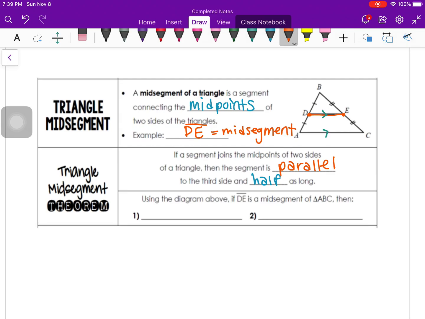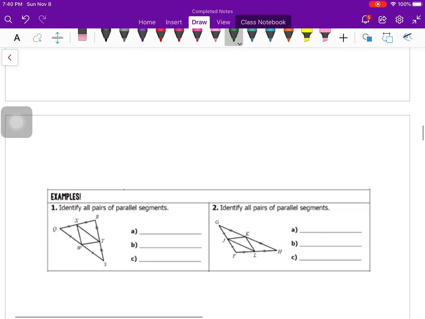Using the diagram above, if DE is the midsegment, which it is, then DE is parallel to side AC, and DE is half the length of AC. For instance, if DE was 5, AC would be 10. We can use these two properties to find some things out about triangles.